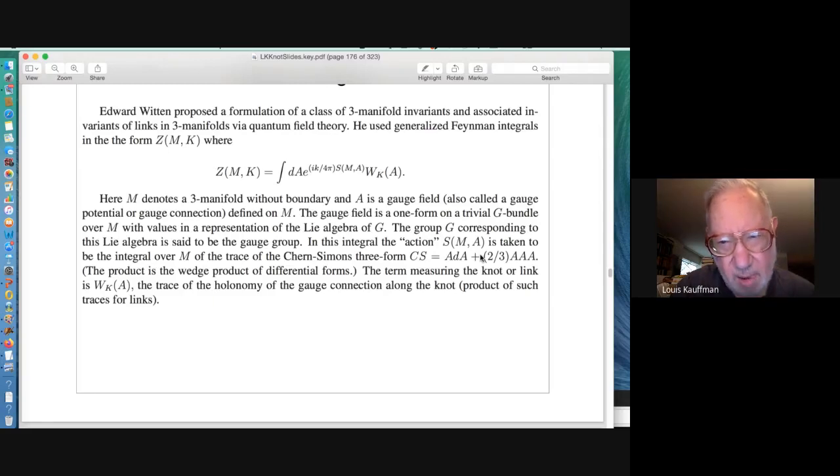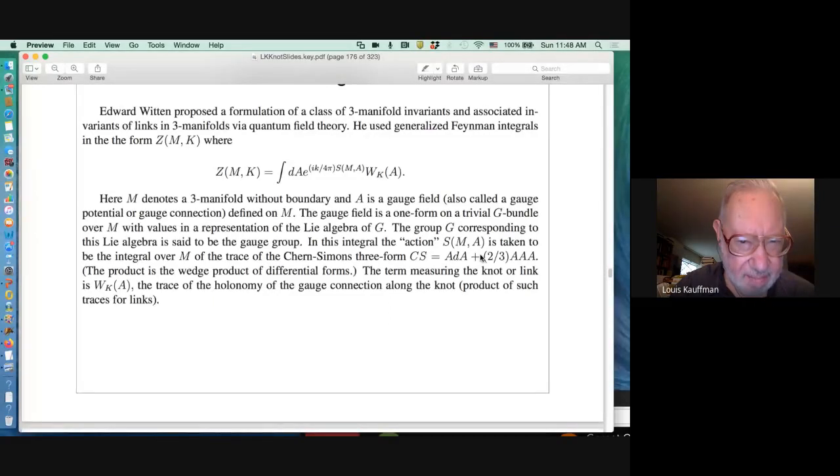If you were to take d of that, you would see that it is, up to some term which would integrate away in four-space, F wedge F, where F is the curvature of the gauge field. And I remind you, and we'll be explaining in a moment, that the curvature of the field is dA plus A wedge A. And that's what gives you the physical field.